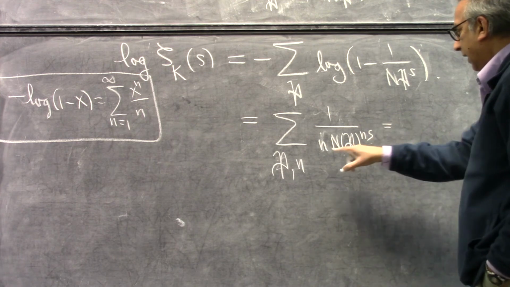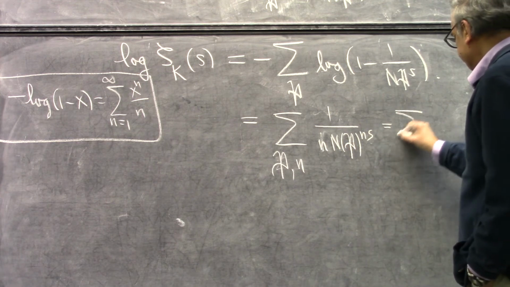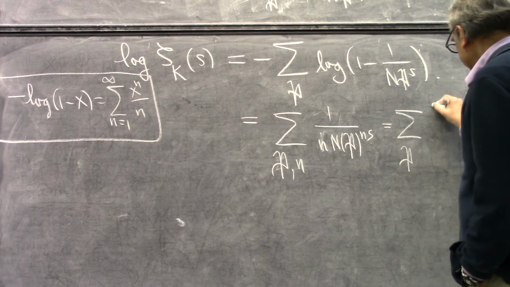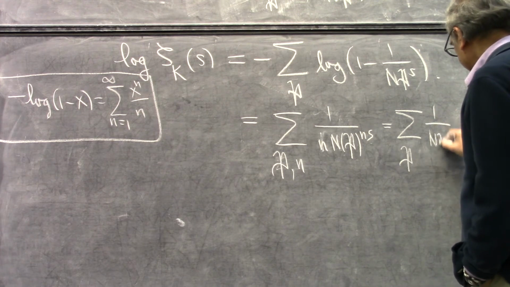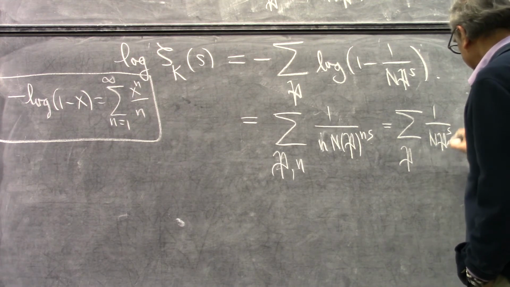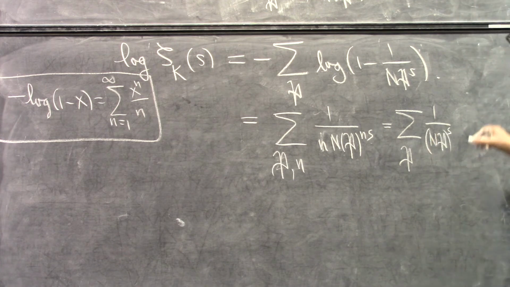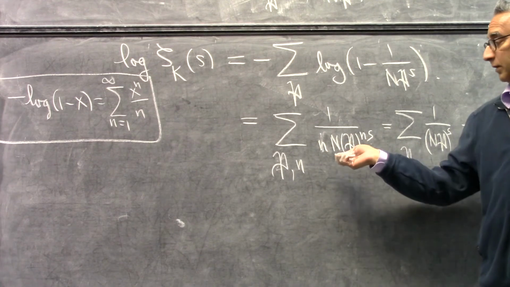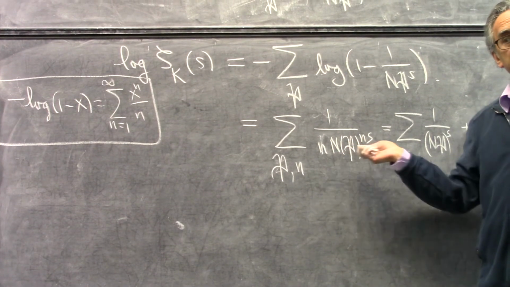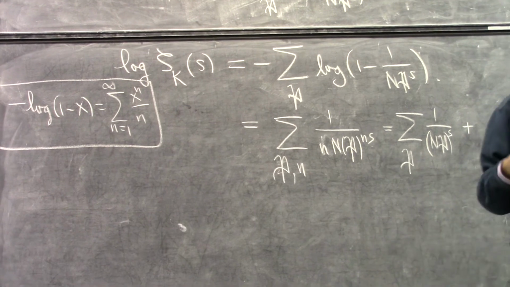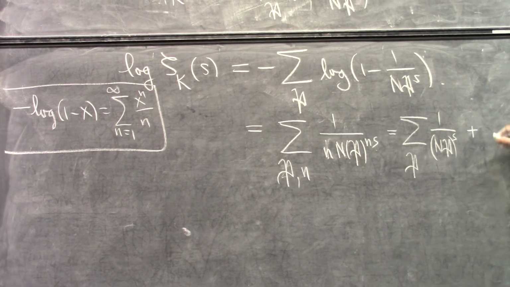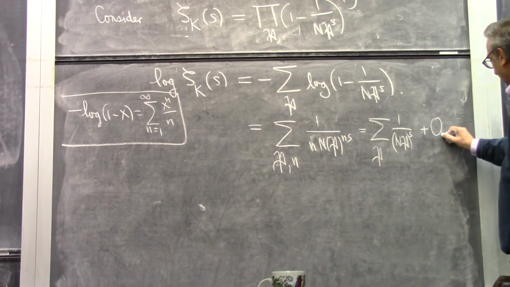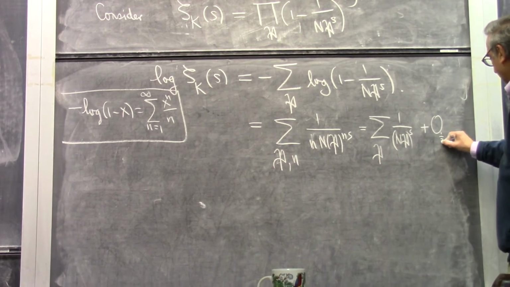Separating the term n equals 1 and n bigger than or equal to 2, you can see that the sum corresponding to little n bigger than or equal to 2 gives rise to a function which is analytic to the right of a half.